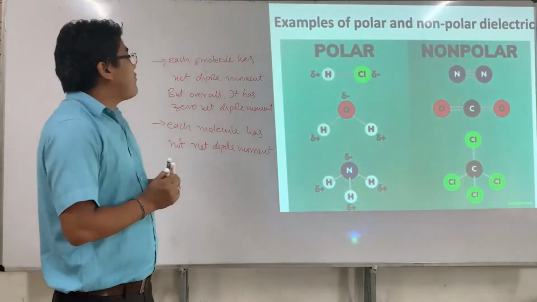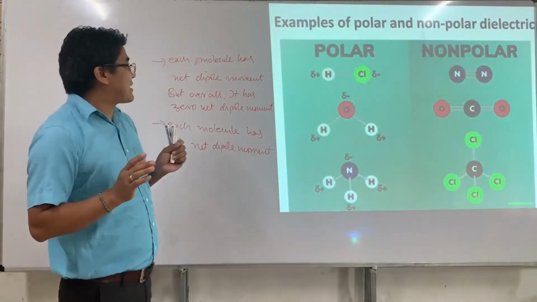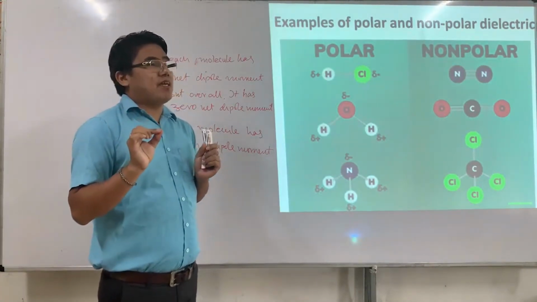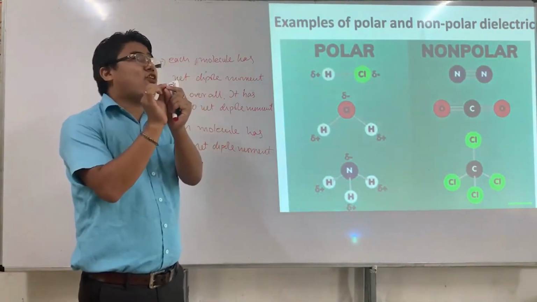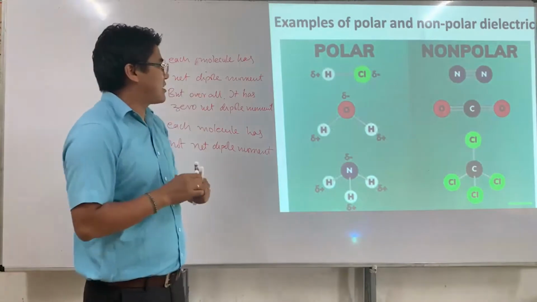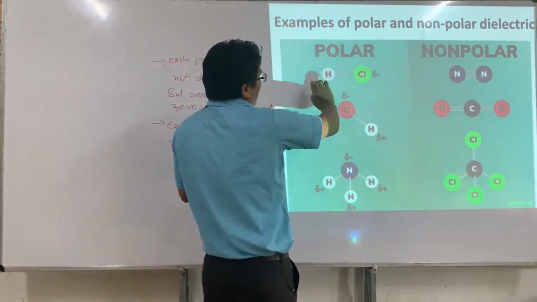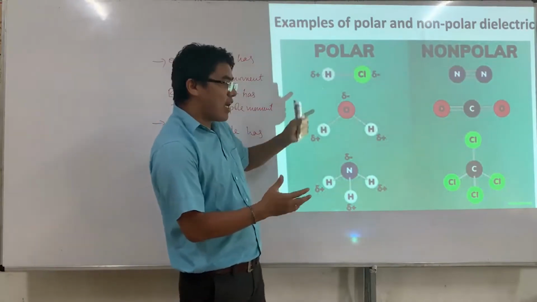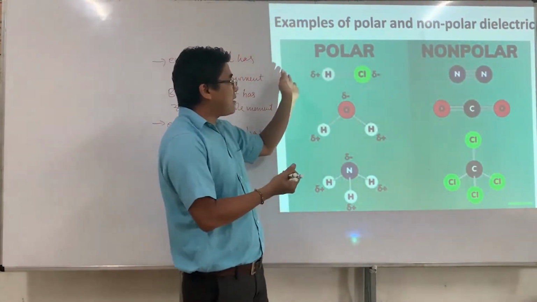The reason is that when we talk about polar dielectrics, the center of the positive charge does not coincide with the center of the negative charge. There is a separation of positive charge and negative charge. Therefore, in chemistry, we say partial positive, partial negative.